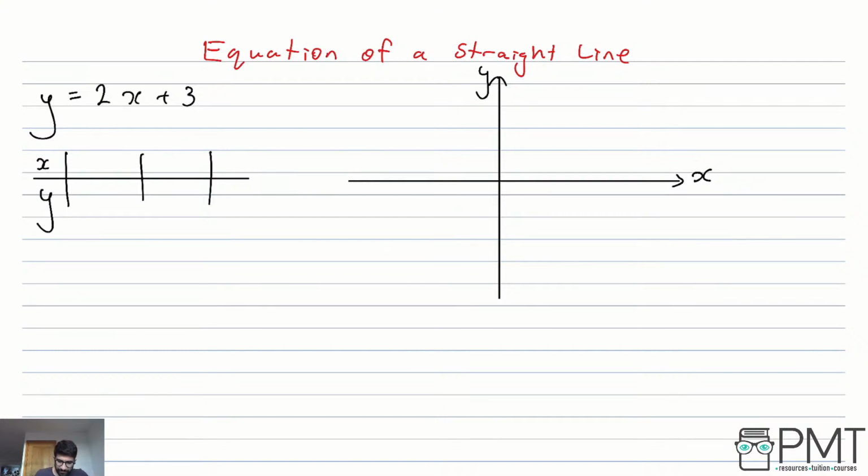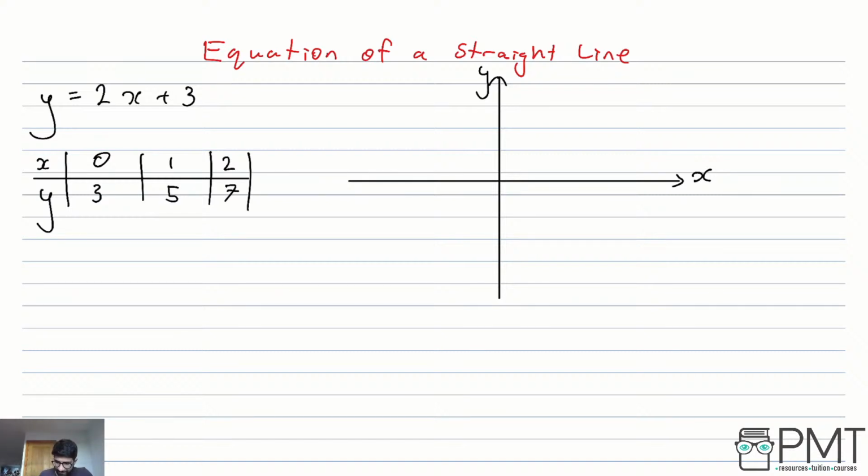If you put 0 into x, you will get 2 times 0 plus 3, which is 3. Then you can put different values. You can put 1 in, you will get 2 times 1 is 2, plus 3, you will get 5. You can put 2 in, you will get 7, and so on.